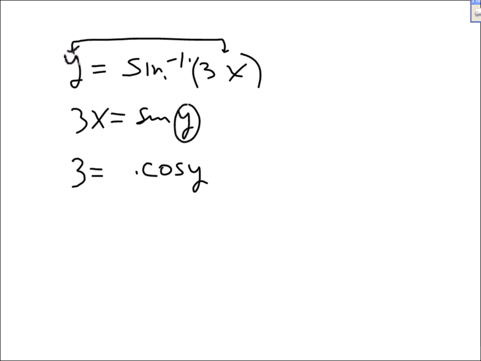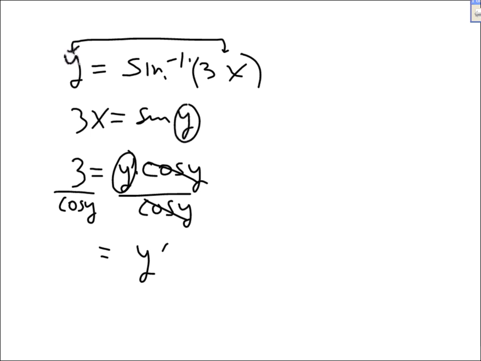The derivative of y has always been y prime. Now solve for y prime. Divide both sides by cosine y. And you have y prime is 3 over cosine y.